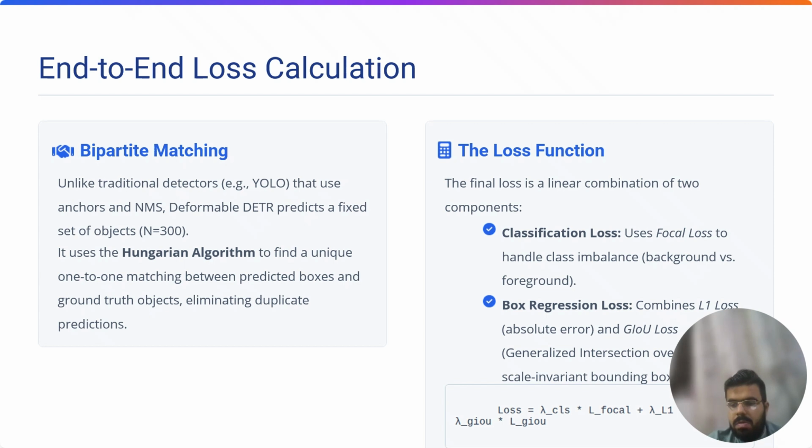There's an L1 absolute loss, and there's a generalized intersection over union loss, which ensures bounding boxes are accurate regardless of the object size. So basically, it is a scale-invariant precision loss.